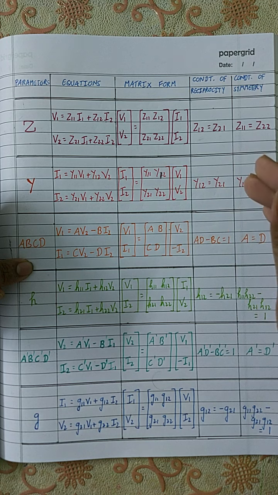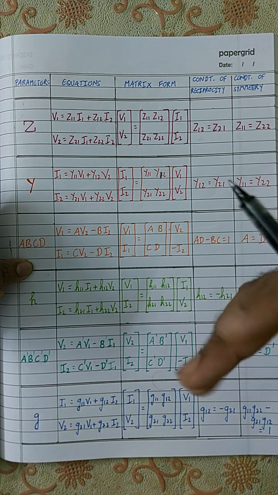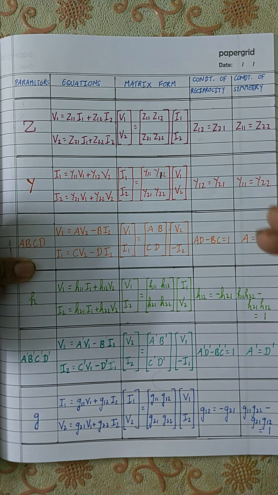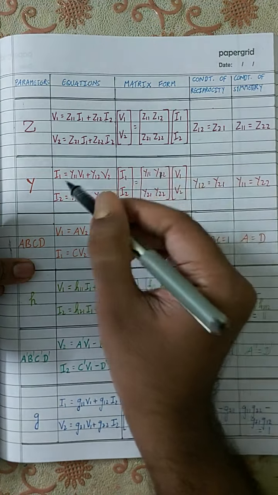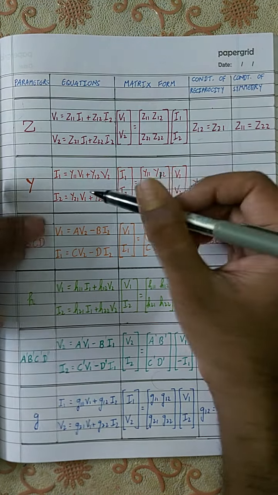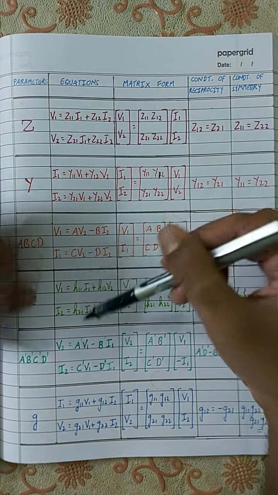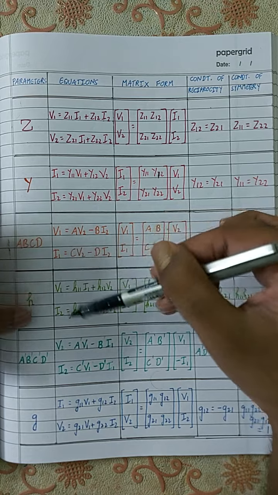Which analysis is better takes some practice. In my personal opinion, what I would do if I were in your case is apply mesh analysis for all other parameters except the Y parameter, because only the Y parameter has clear-cut current equations. The remaining parameters are a mixture of voltage and current equations.